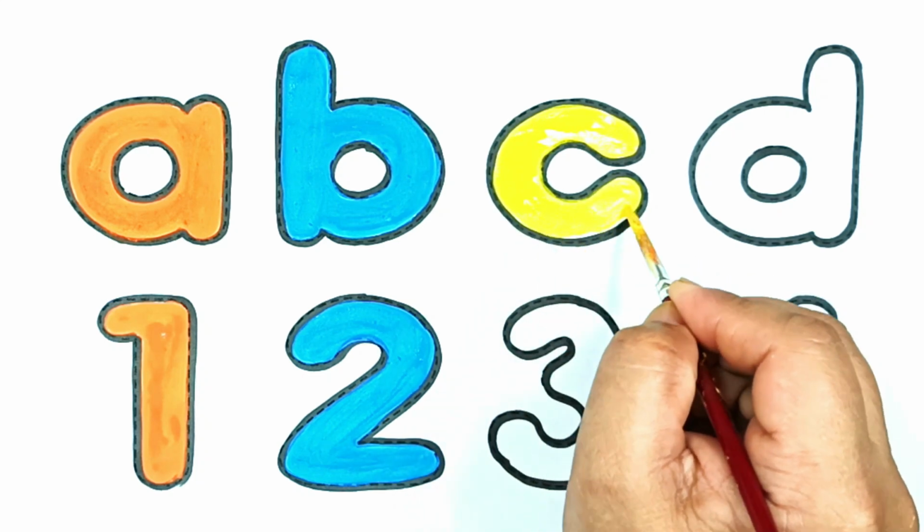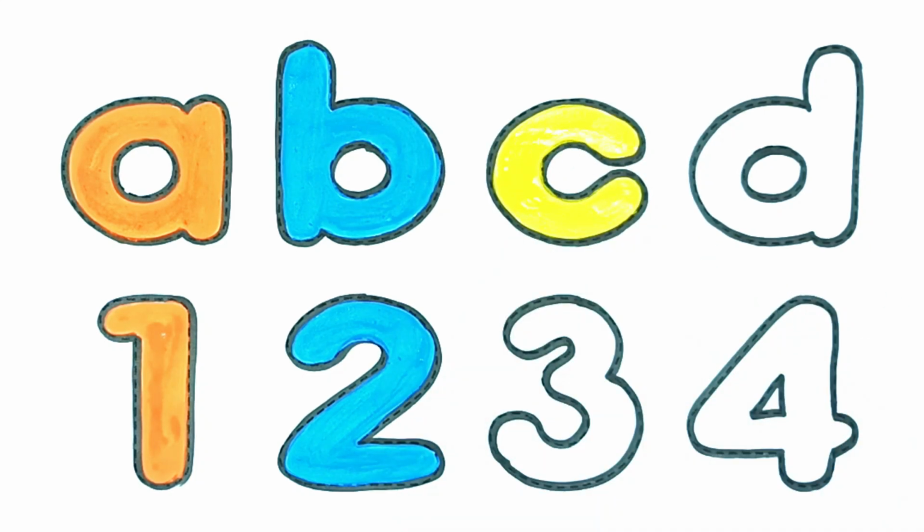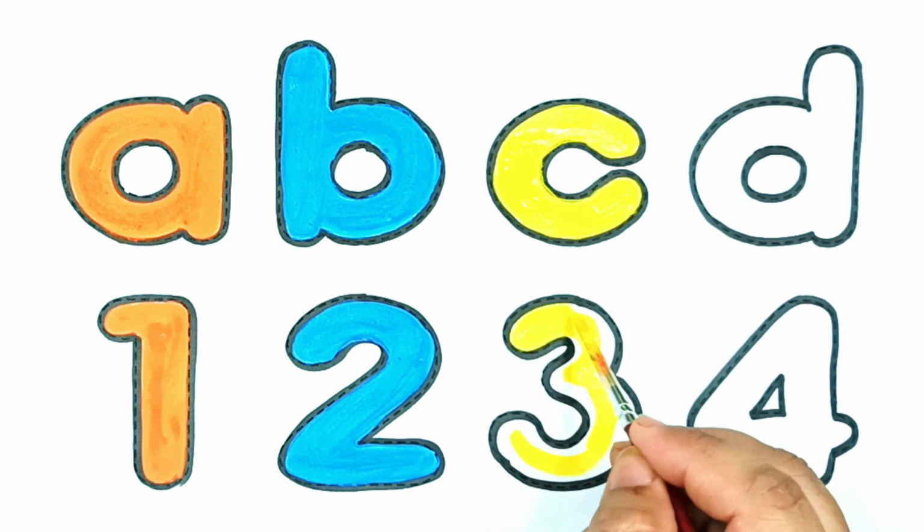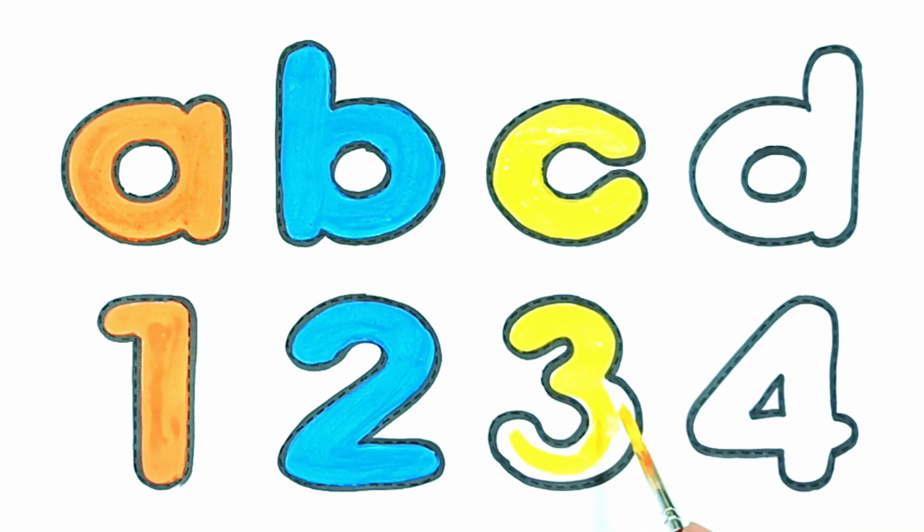C is for clock. It tells you the time. Three sweet kisses given.